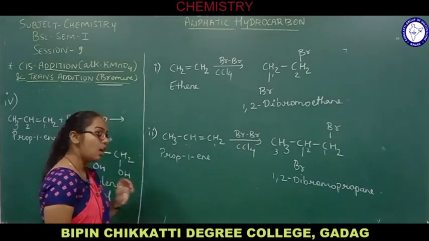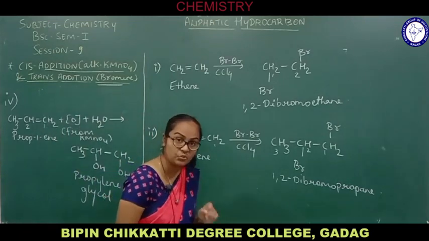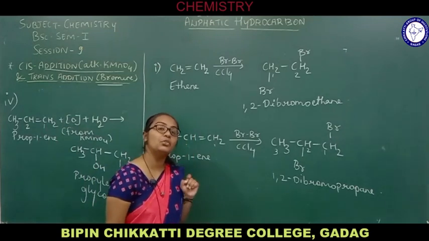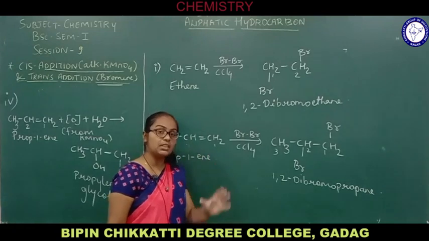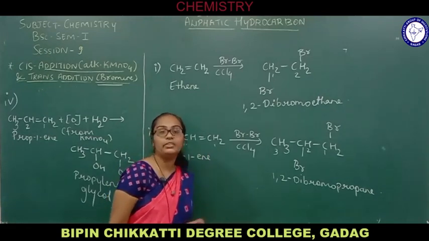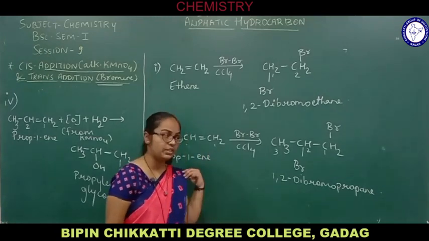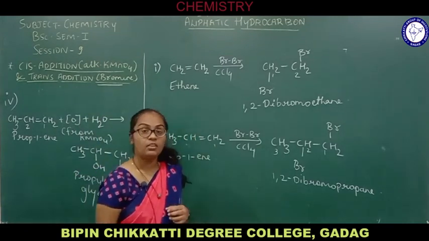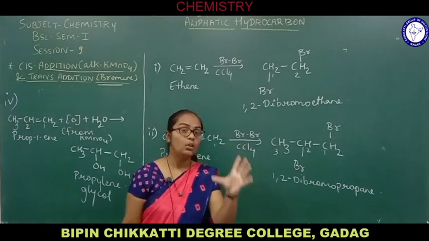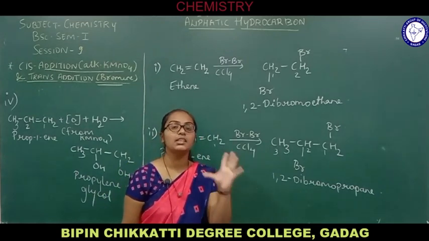Now, just as Baeyer's reagent, or alkaline KMnO4 solution, is utilized to predict whether any particular sample contains an olefin or unsaturated carbon, here also bromine water is utilized for testing whether a particular solution contains any unsaturated carbon atom.